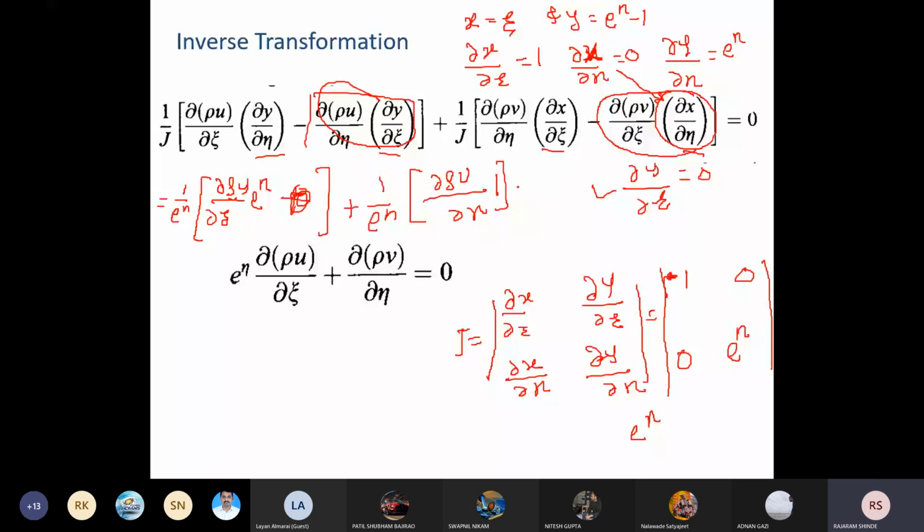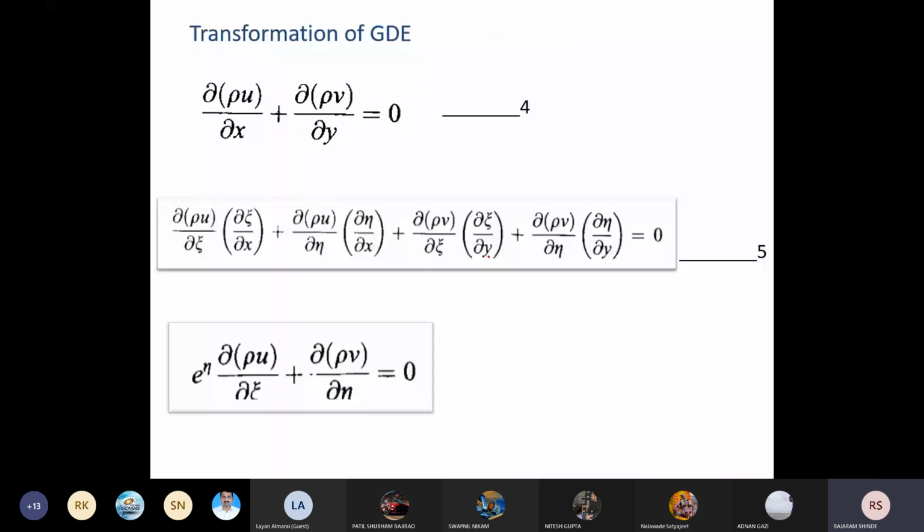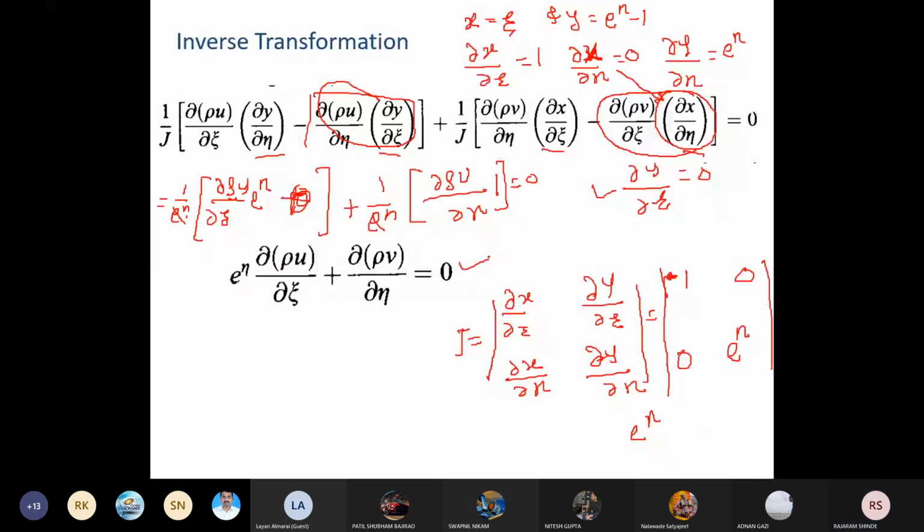Now this equation we have calculated from the inverse transformation, and this equation we have calculated from the direct or formal transformation, and both continuity equations are the same.